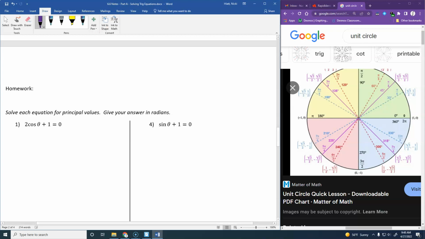I'm not going to require you to turn this homework in until Friday because I'm not going to be here tomorrow to check it. So if you have a really busy night or something and want to hold off and wait till Friday to turn it in, that's fine. I'm not going to check it till then. But please do go ahead and get started on it right now. You got about 12 minutes to try a few of these.